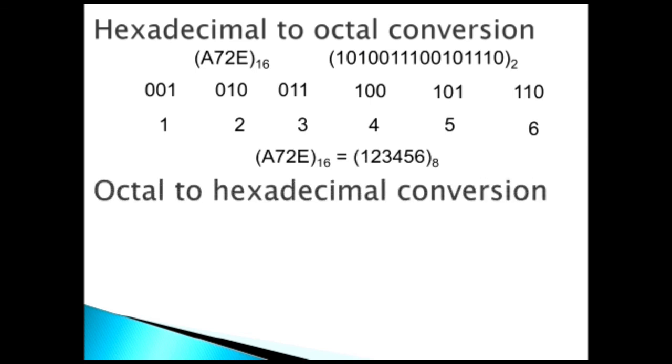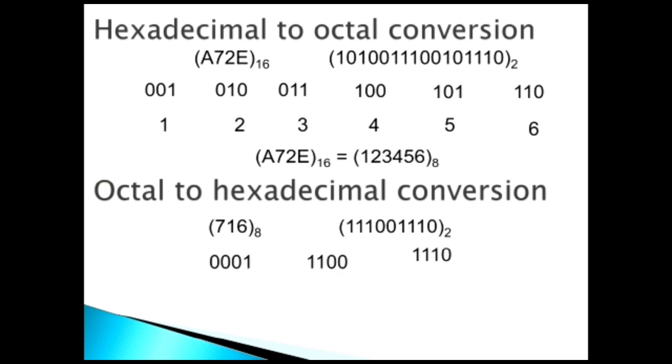Now let us see octal to hexadecimal conversion. Suppose 716 is to be converted into hexadecimal number system. In this case, first we will convert this octal number system into binary number system. Then we will make the pair of 4 digits.